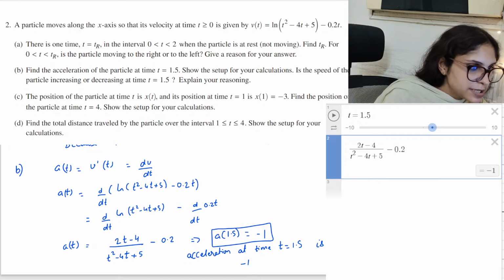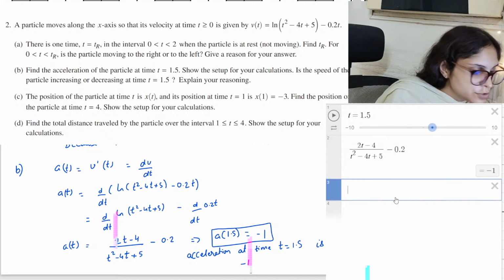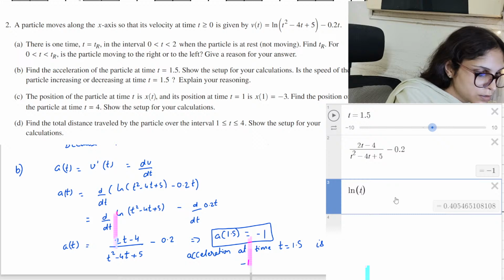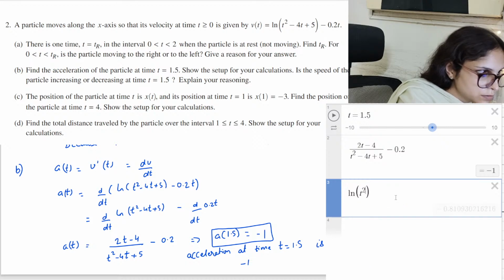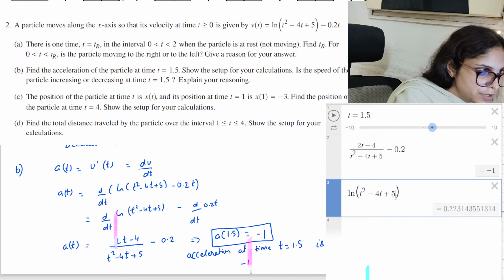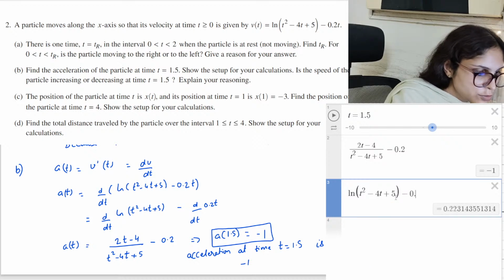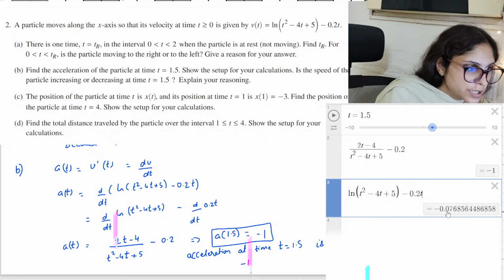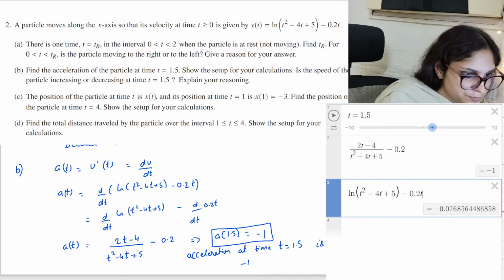So acceleration is negative 1. So now we just need to find out what is the value of v at 1.5. So for that, I will just write ln(t squared minus 4t plus 5) minus 0.2t. It is also negative. Velocity is also negative 0.076.